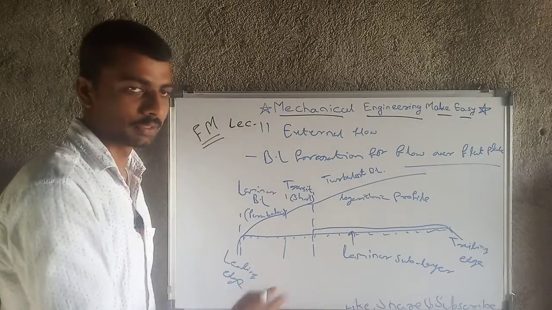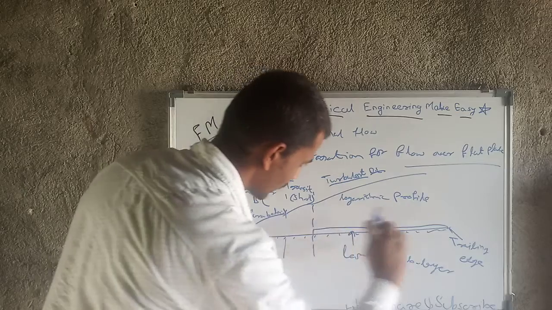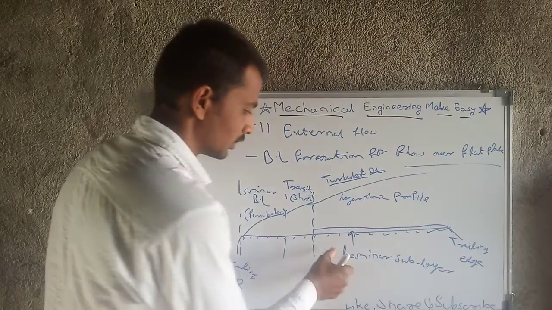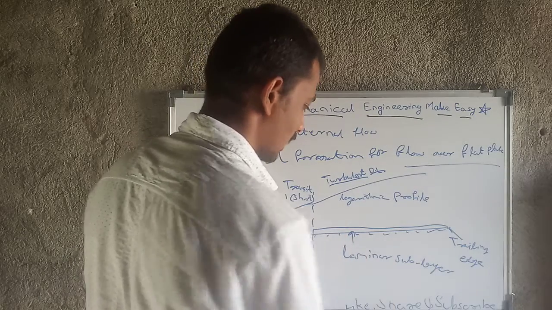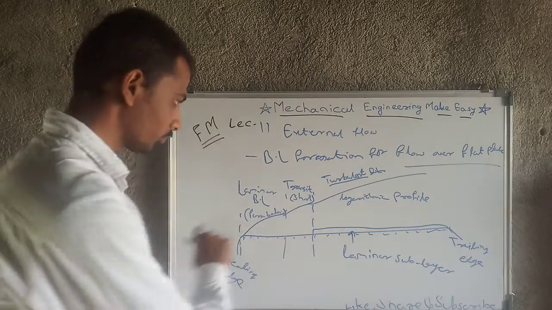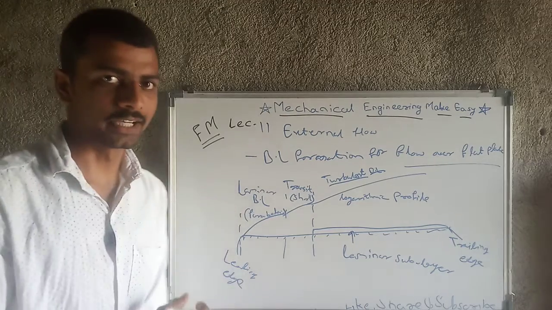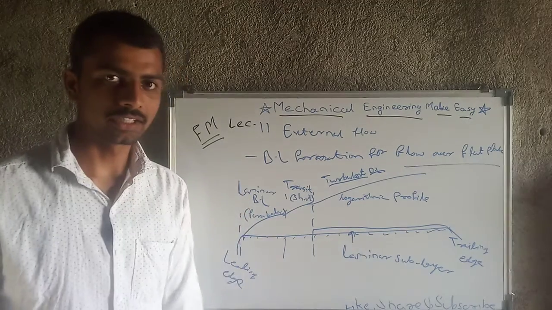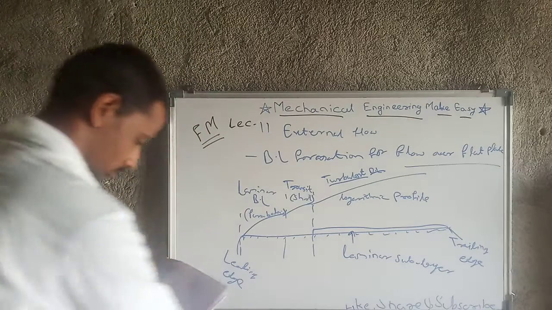Laminar sublayer means that while the turbulent boundary layer is developing, at the bottom of that turbulent boundary layer there will be the formation of one laminar layer, and that is called the laminar sublayer. This is all about the formation of the boundary layer for flow over a flat plate. So draw this figure. It is very important for your concept clarity.